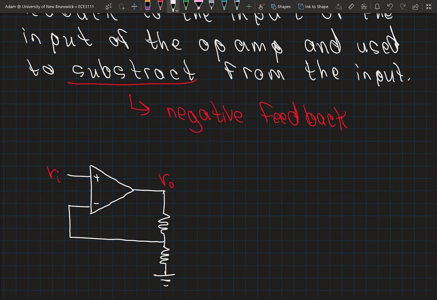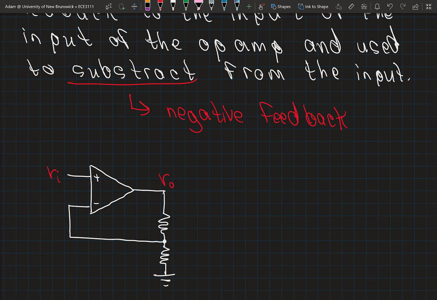Okay, so the fact that it's applied to the inverting input means we know that the output signal, right, remember that the output is equal to the gain times the differential signal, where VD is equal to the difference between the non-inverting and inverting terminal. So this is why that feedback is negative, because we're applying it to the inverting terminal, which is going to subtract from the input that's applied to the non-inverting terminal.